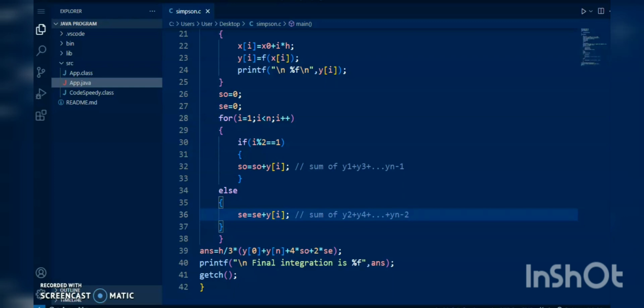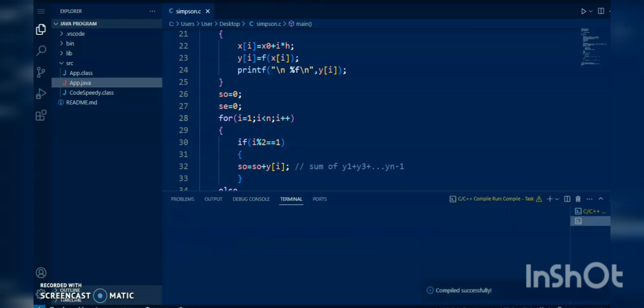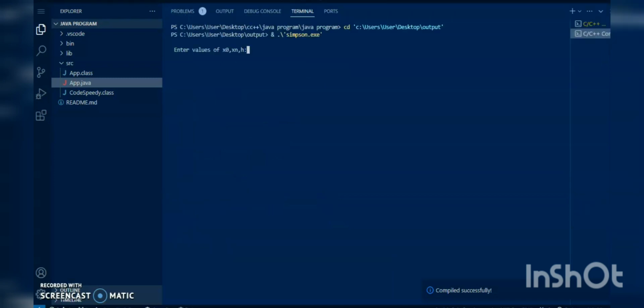Now let's check our compiler. Okay, our compile ran successfully. You can see it asks to enter values of x0, xn and h.